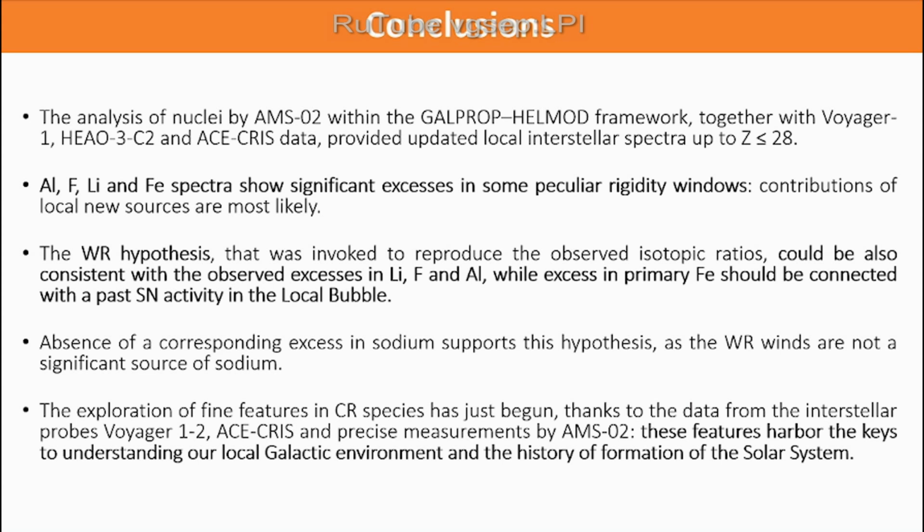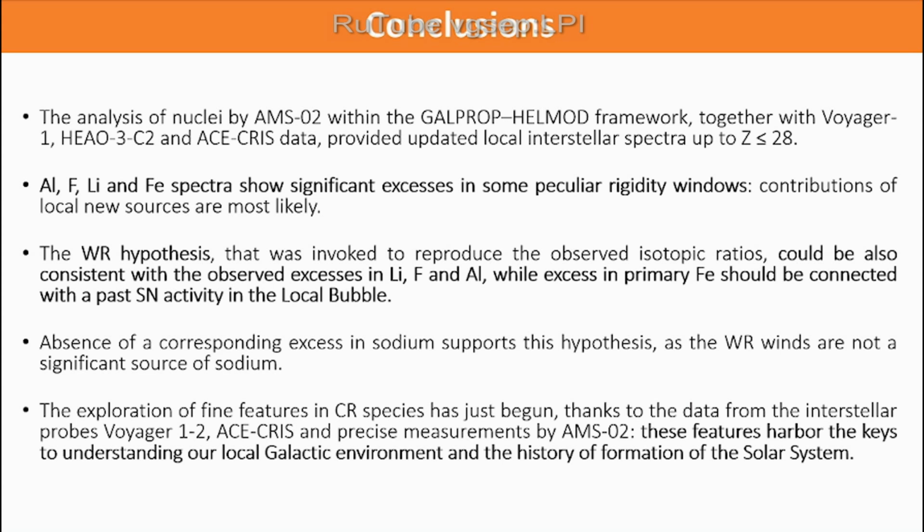And to conclude, the analysis of nuclei by AMS-02 in this GALPROP-HELMOD framework, together with Voyager, HEAO, and ACE, and many other data sets, provides, we can say, up-to-date local interstellar spectra up to Z equal 28. And aluminum, fluorine, lithium, and iron show significant excess in some peculiar rigidity windows, most likely from local new sources, which we have to introduce and which are capable of producing cosmic rays.